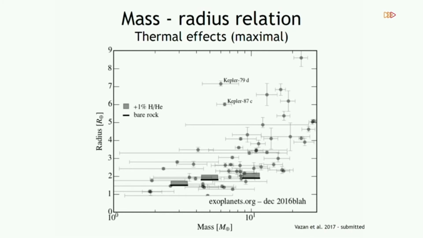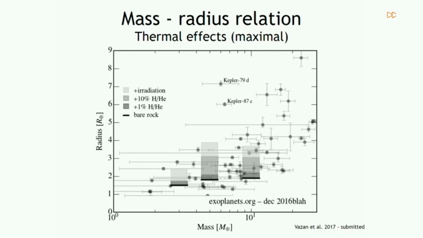And then we add 1% of hydrogen and helium on top of this core. And then we add 10% of hydrogen and helium on top of this core. And then we also considered some average irradiation. We take here the planet to be at a distance of 0.3 AU from a solar-like star. And this is the level from which most of the simulations assume the radius of the planet.